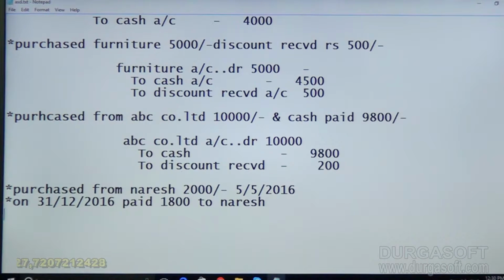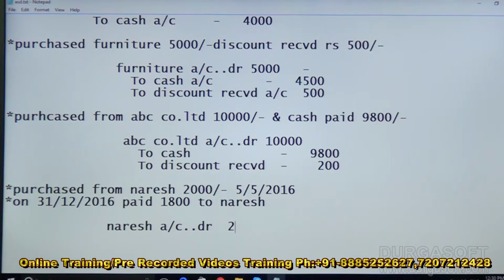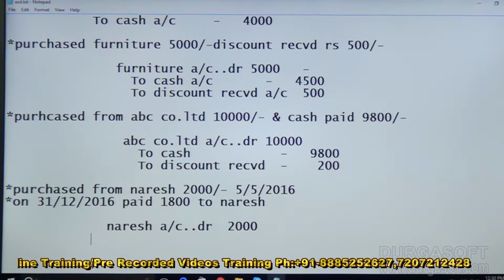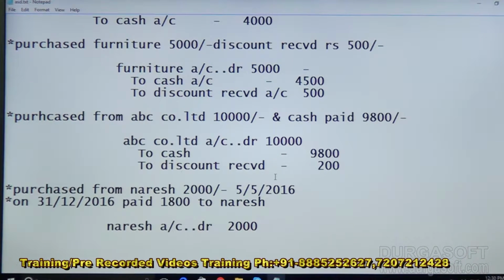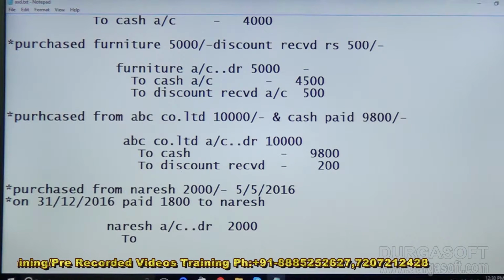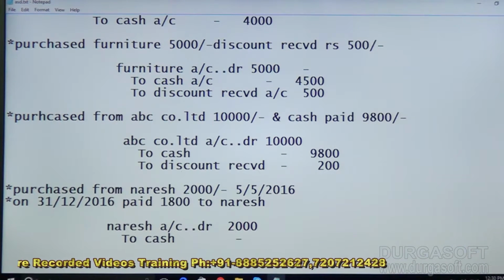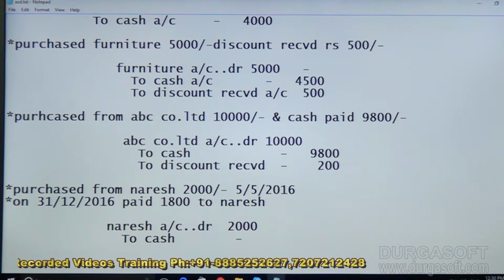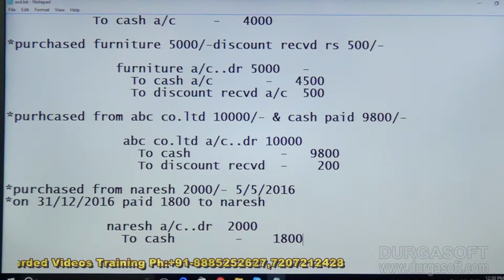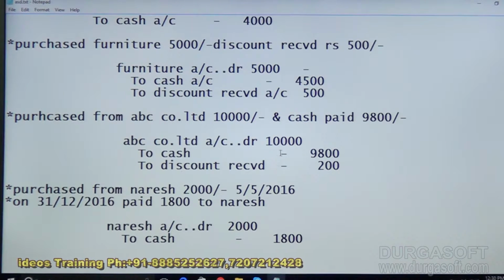Now how to write the entry? Naresh company or Naresh account debtor, how much? 2000, to cash, how much have you paid in cash here? Just understand this and later you can write the entry. 1800 you have paid. What is the remaining amount?